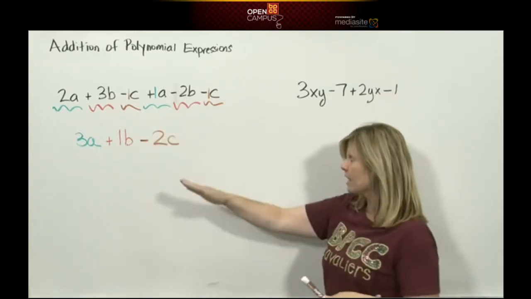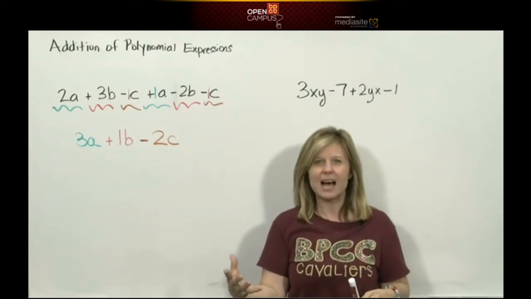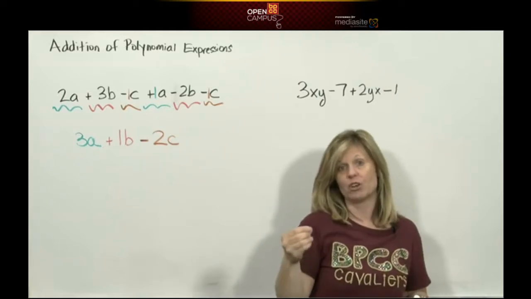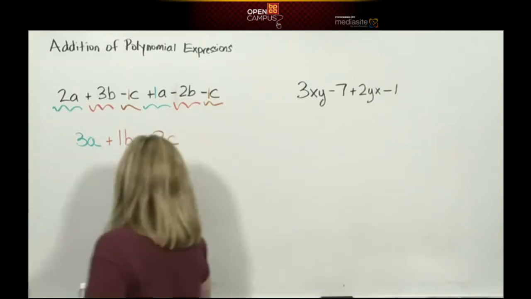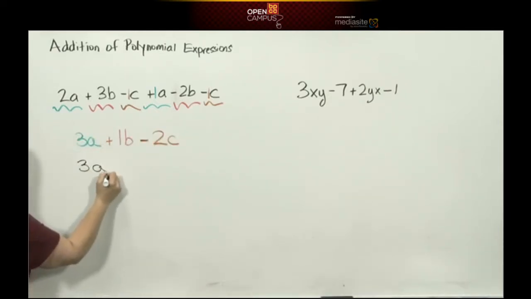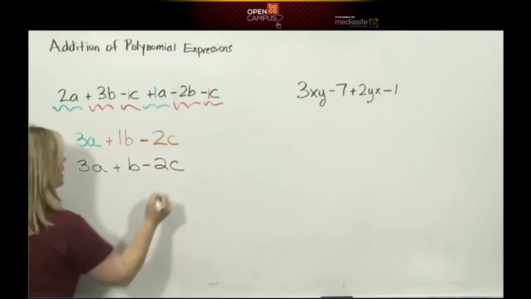Now, if you look here at this expression, there's still something that's not needed. In algebra, we never write the coefficient of 1. It's understood to be there, but we don't write it. So to write this polynomial expression correctly, we would write 3a plus b minus 2c.